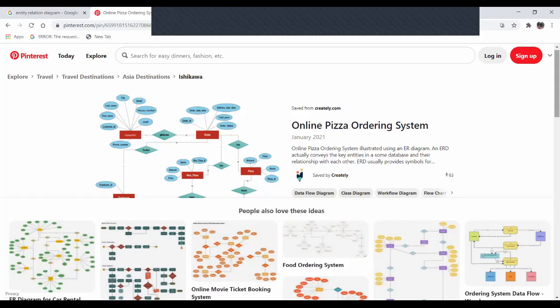You are an entity, student is an entity, and these are the features or characteristics, or technically we say these are the attributes. Attributes are displayed through oval shape, isn't it? Also, when you are a student, you have a relationship with me. I am your teacher. What kind of relationship?